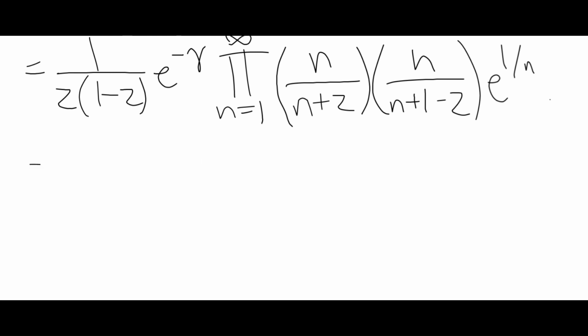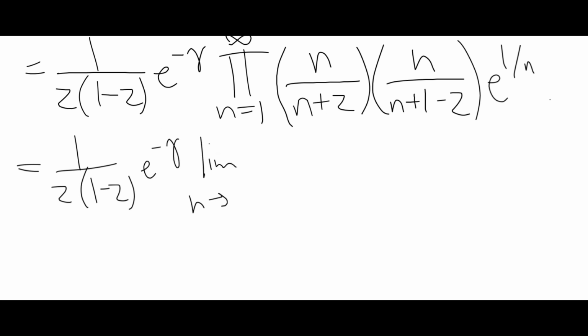Now if we look at the partial products of that big mess, what will we end up with? In the numerator we'll have n factorial squared. That's a little bit scary, but it's not so bad.